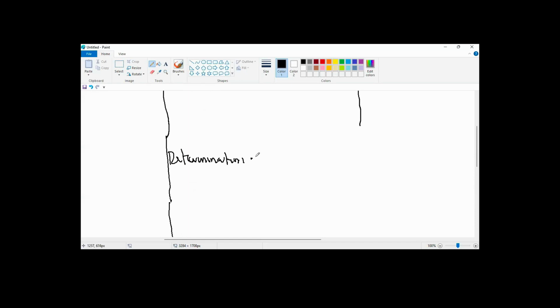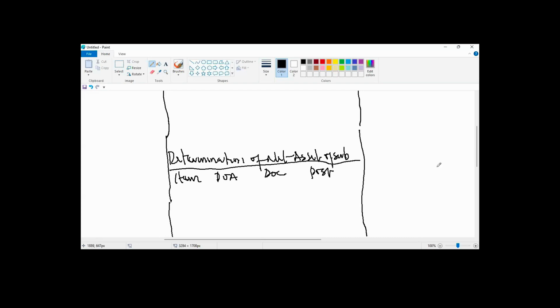Determination of net assets of subsidiary: items, DOA, DOC post. I need to calculate the goodwill.